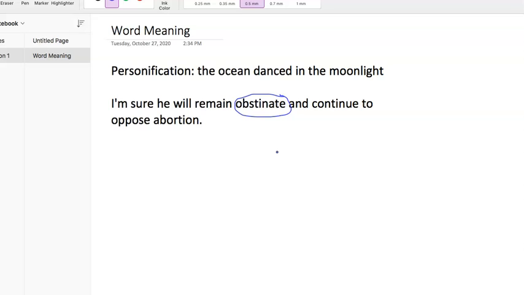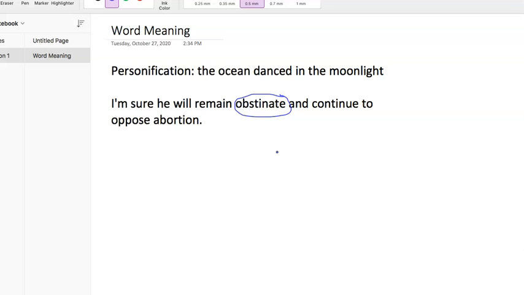The other one would be someone who, in the opposite sense, is maybe morally obliged to continue to oppose abortion, like it's the right mindset. As you think of that, I'm sure he will remain stubborn and continue to oppose abortion. It doesn't mean that you agree with it or not.